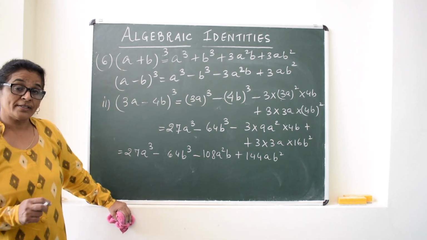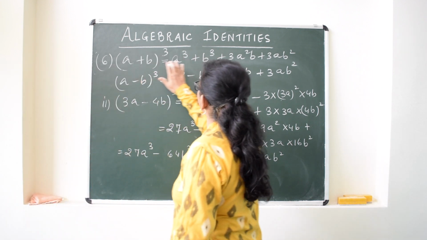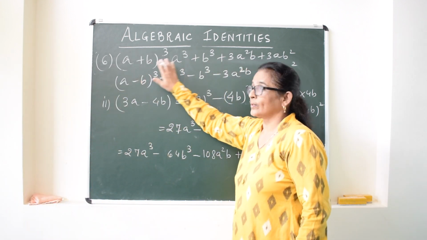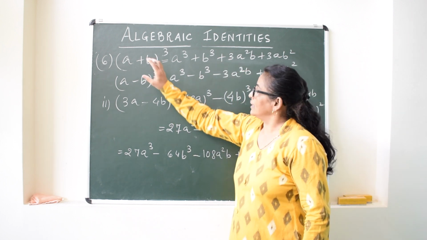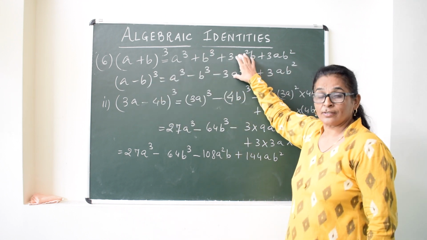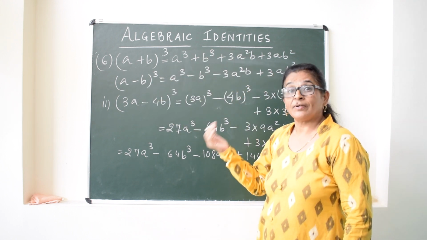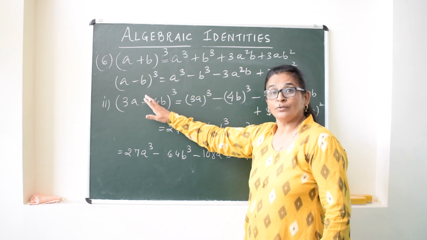Now, if the question is factorize, as I told you, there are two sides of the identity: one is LHS, one is RHS. When the question is of expansion, the question will be given in this form and we have to write the expansion. The opposite of that is factorize, meaning the RHS will be given and we have to go to the LHS.